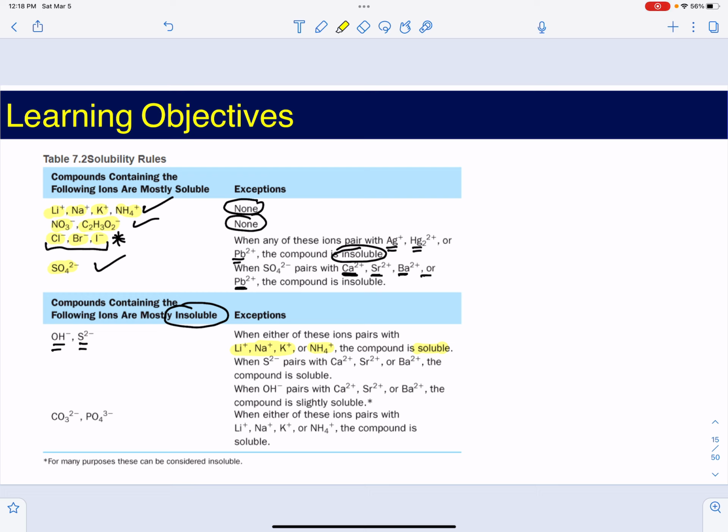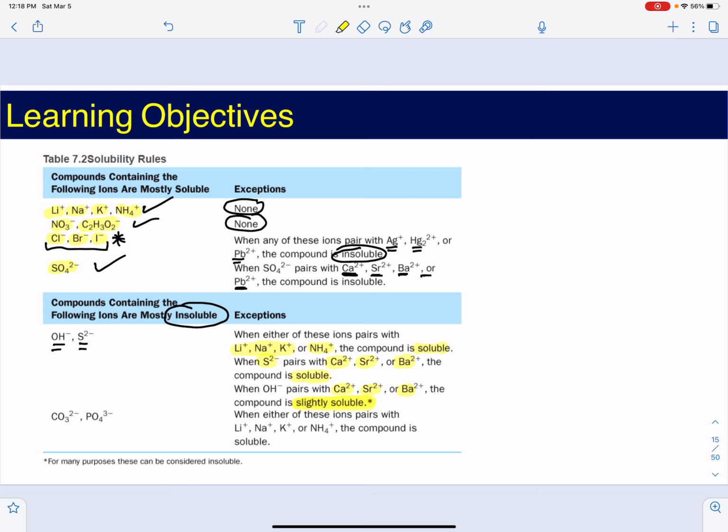The same thing if you have sulfide, not hydroxide, but sulfide, with calcium, strontium, or barium, so most of the alkaline earth metals, then it will be soluble. When hydroxide is with calcium, strontium, and barium, the compound is just slightly soluble. So it will dissolve a little bit, but not much.